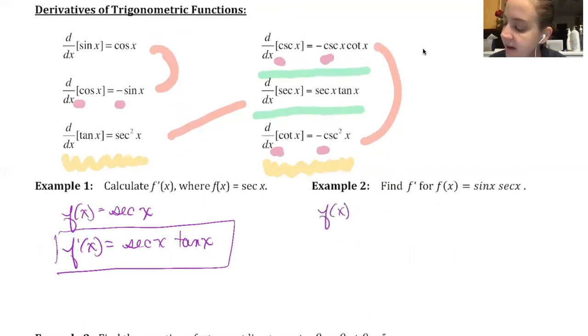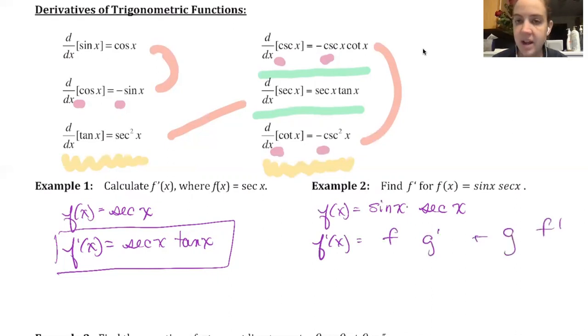So if f of x is equal to the sine of x times the secant of x, these are being multiplied, so this is a product rule. And if you're still getting used to that product rule, it doesn't hurt to jot it down. If you've already got it memorized because you've used it, then don't worry about that. F is sine of x. G prime is the derivative of secant.